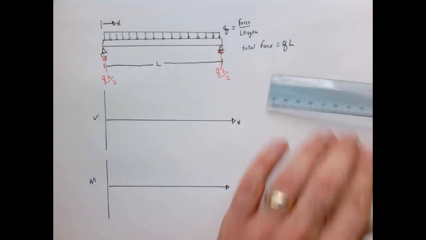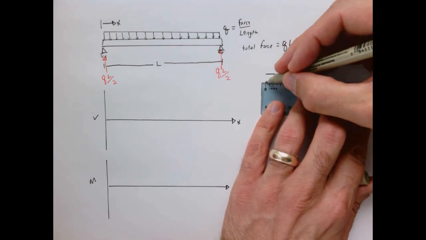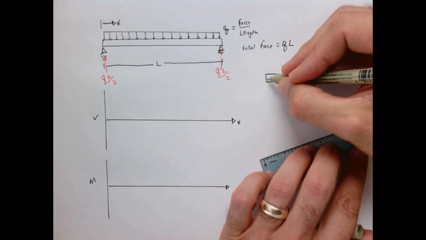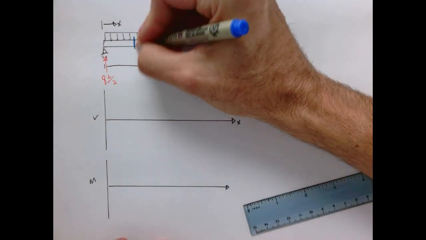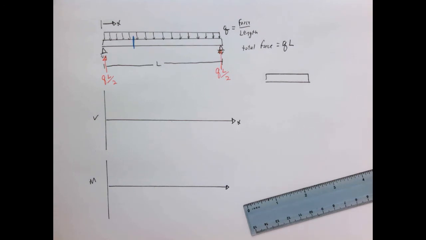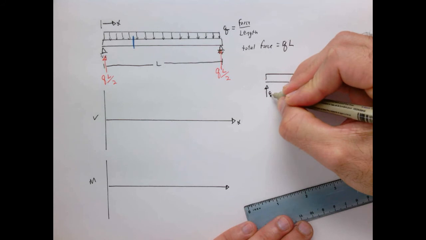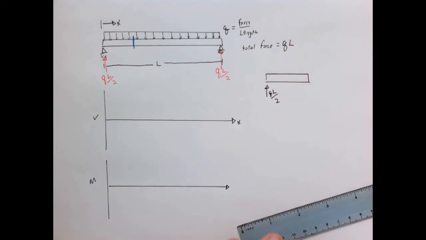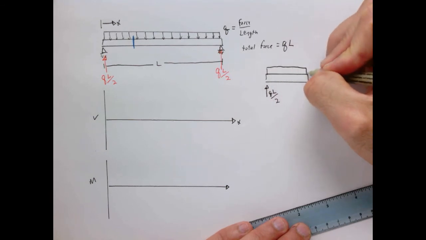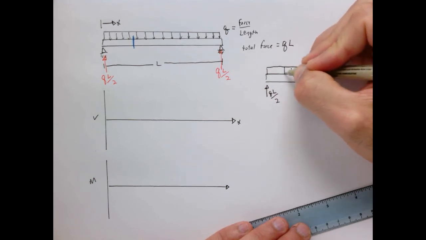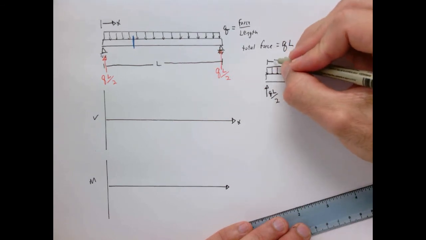Okay, so now let's isolate a little free body diagram over here of an arbitrary section of our beam. So again, all I'm doing here is taking my imaginary chainsaw, slicing the beam here, and asking the question, what are the forces that are holding this thing together internally? So I have a point load here at the reaction, QL over 2. I have my distributed load like this. This is my dimension X.